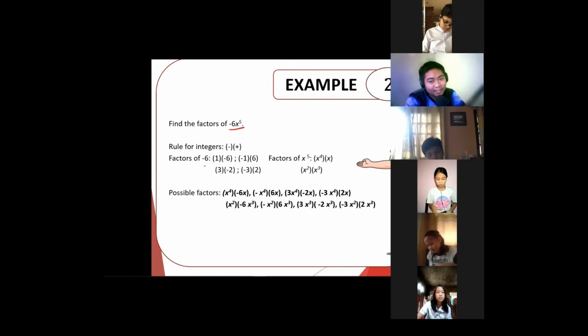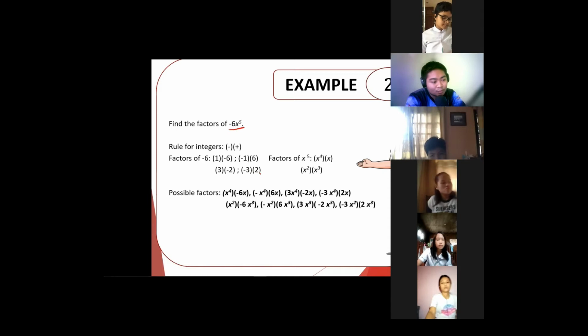So the factors of negative 6 would be 1 times negative 6, negative 1 times 6, 3 times negative 2, which is still negative 6, and negative 3 times positive 2. The factors of x raised to 5: we have x raised to 4 times x, x squared times x cubed.